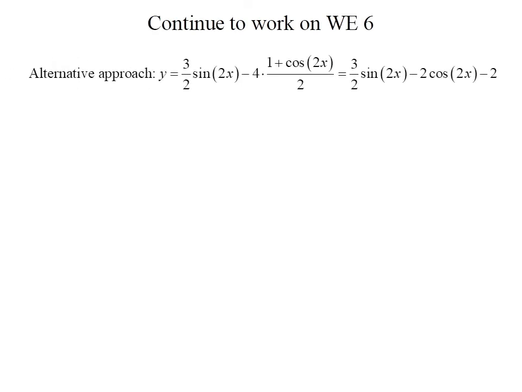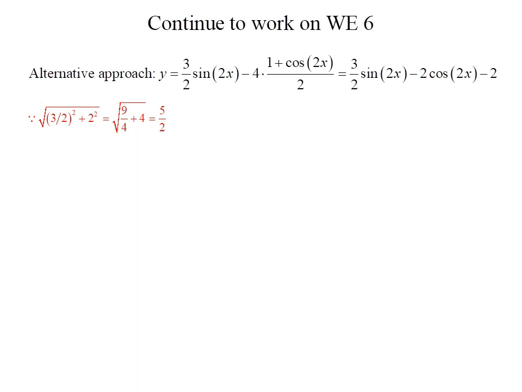Here we continue to work on the alternative approach of example 6. With this approach, we use the double angle formula to transform cosine squared x to 1 plus cosine 2x all over 2. Hence the function becomes 3 over 2 times sine 2x minus 2 cosine 2x minus 2.